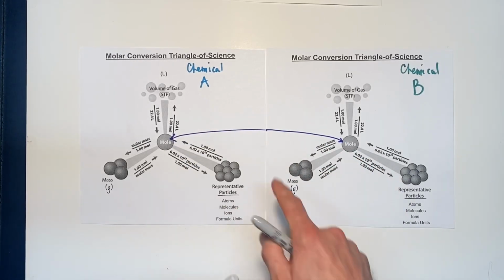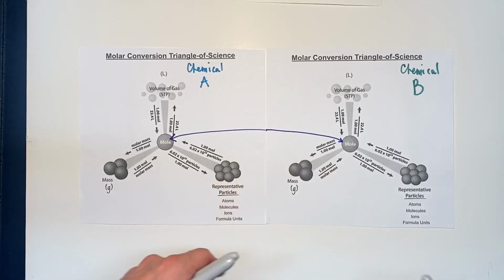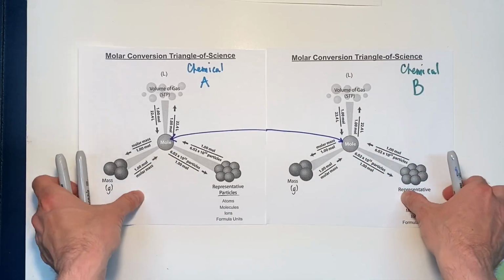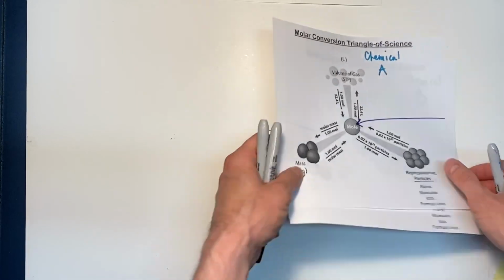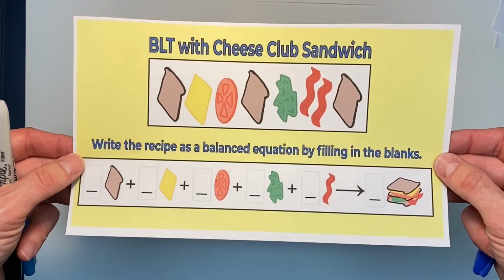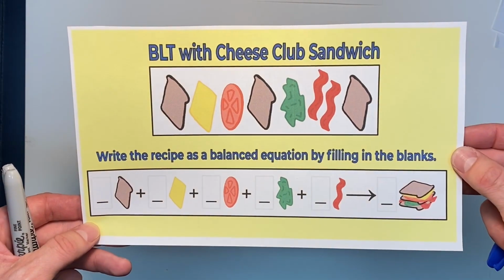So this is the key to Unit 11, stoichiometry. And last week, we began studying mole-to-mole ratios when we looked at the BLT with cheese club sandwich, when you guys answered questions around this model.